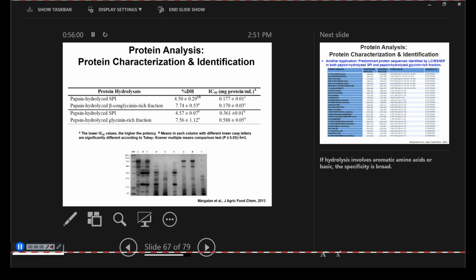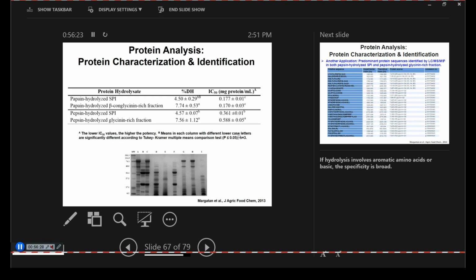And then we determined the IC50, or basically we're looking at antihypertensive activity in vitro. IC50 is the concentration of the peptides that result in 50% inhibition of an enzyme that is responsible for hypertension in our body.